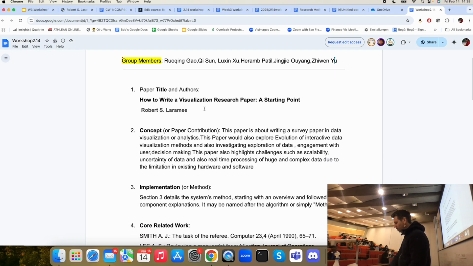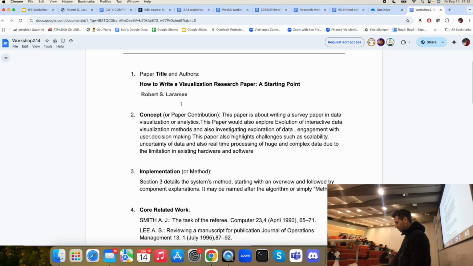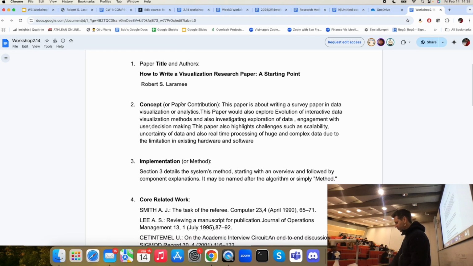Okay, so this is not a traditional research paper. There's no software development, for example, in this paper. This concept is incorrect, by the way.